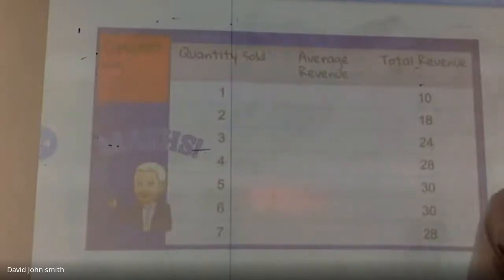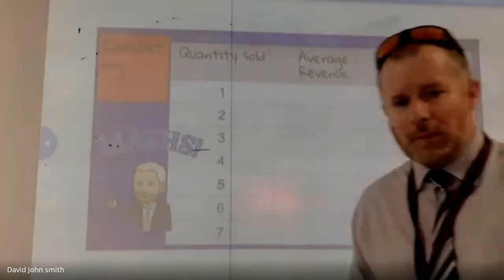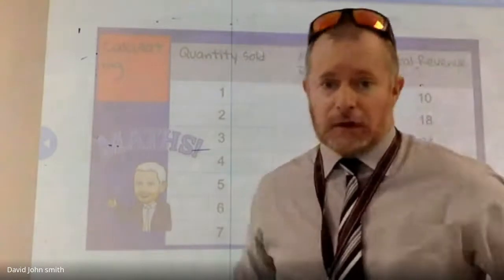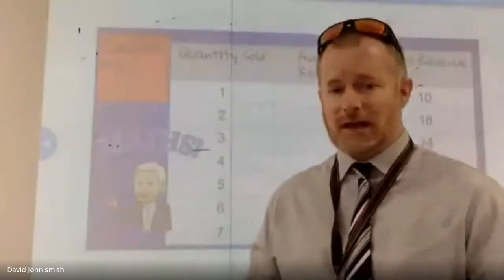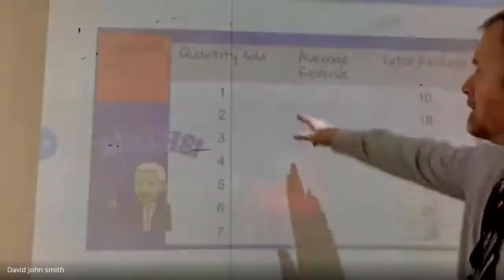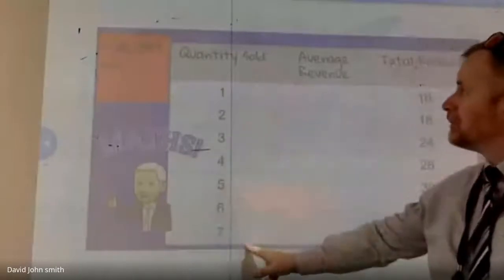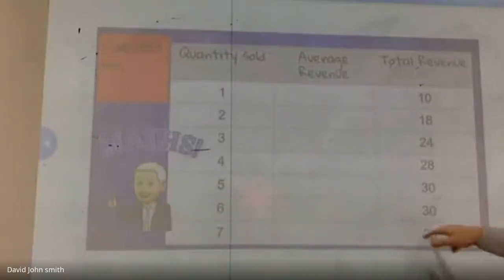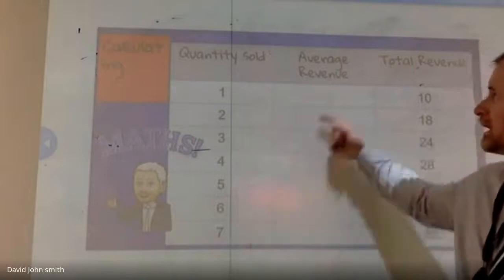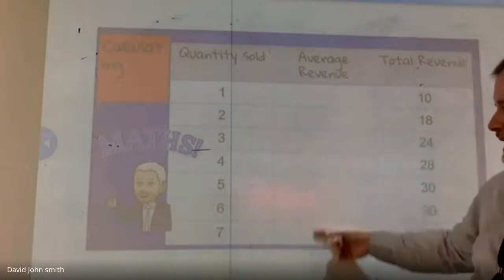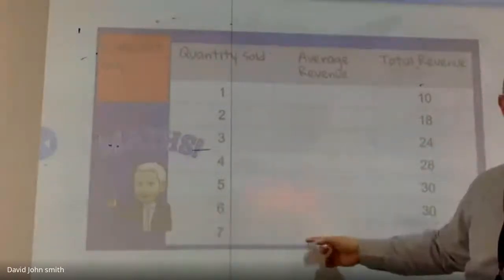Now here's a wee table for you to apply your skills on. So those revenues that we worked out before, now you can do it. There's your total amount of revenue, there's quantity sold, and all the table is asking you to do is to put on this one, the average amount.